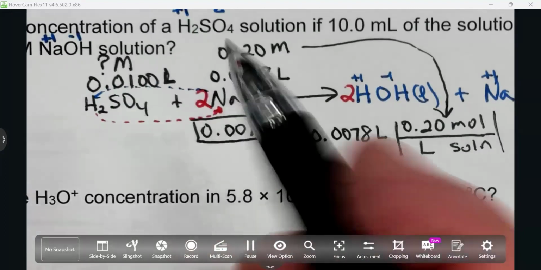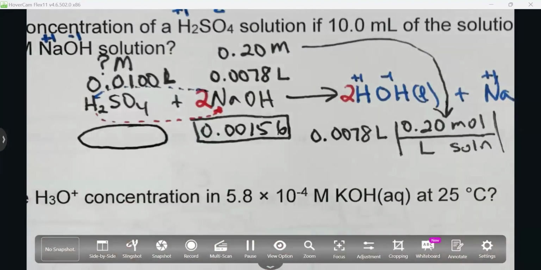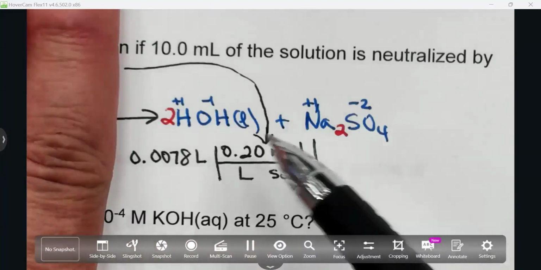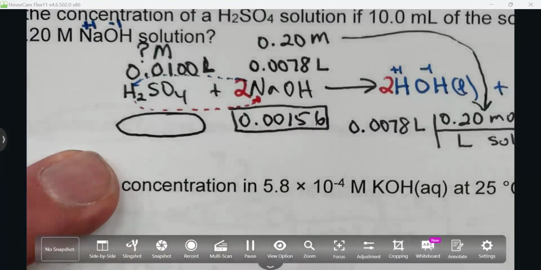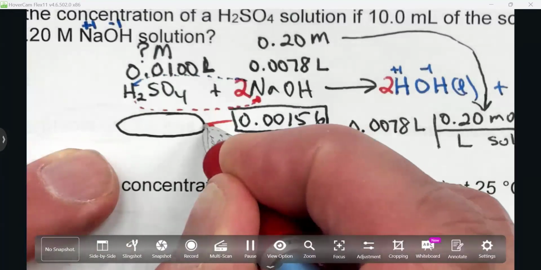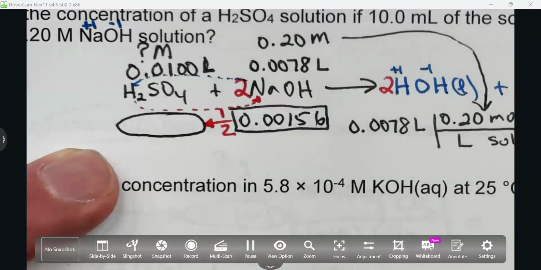How many moles of H2SO4 is it going to take so that there's no limiting, everything turns into salt and water? How many moles of H2SO4 is it going to take? My ratio is 1/2, right?